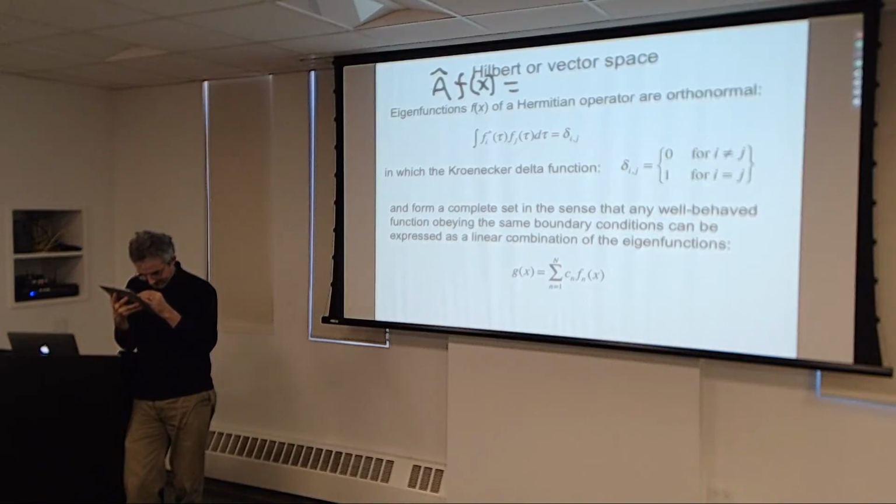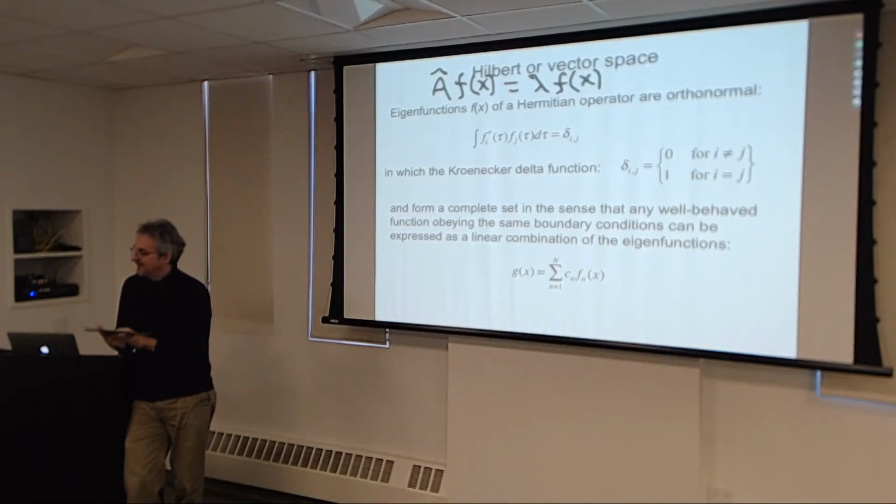If this is equal to a number lambda times f of x again, we say that f of x is the eigenfunction of the operator A, and lambda is the eigenvalue associated with that. So what I just wrote is called an eigenvalue equation. A is an operator, f of x is the eigenfunction, and lambda is the eigenvalue.